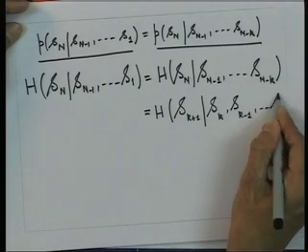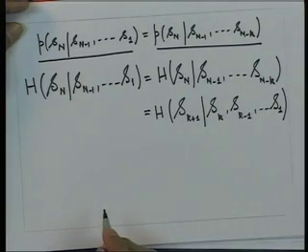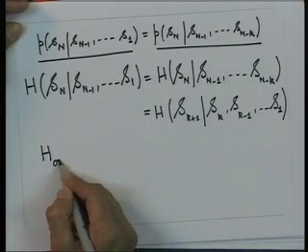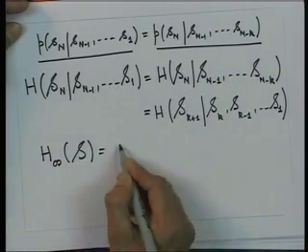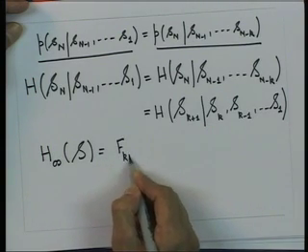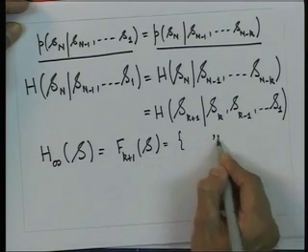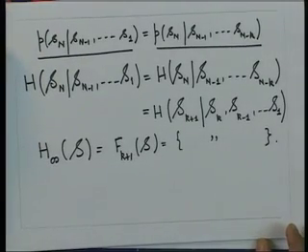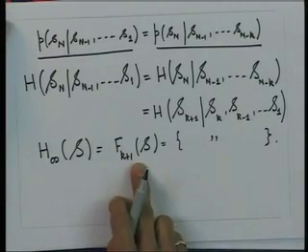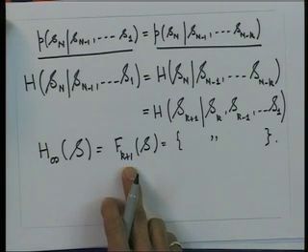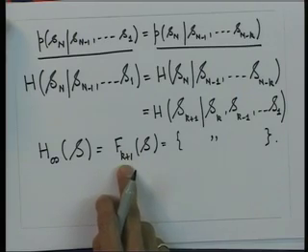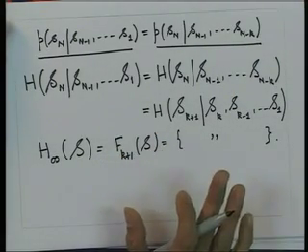S1. So, for a Markov source of order k, H infinity of S will be equal to nothing but F of k plus 1 of S, which is equal to this quantity, because for n beyond k plus 1, this quantity will remain constant and it will not go lower than this value, and then I can write H infinity of S is equal to this value.